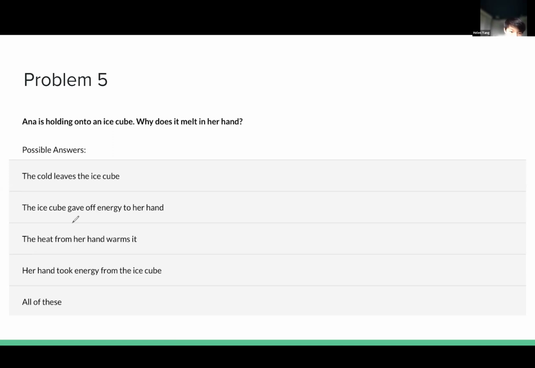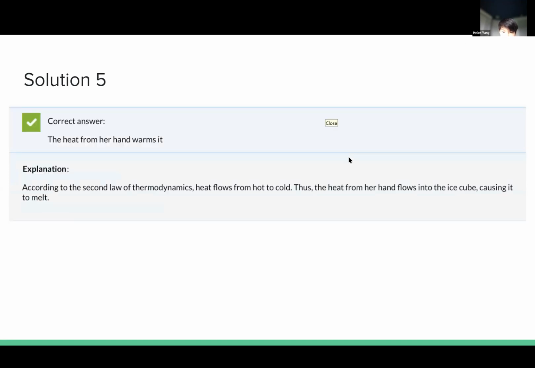It's because the heat from her hand warms it, and because of the second law of thermodynamics. This is the solution. Okay, this is question 6.